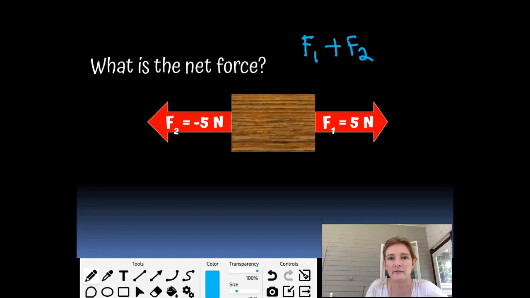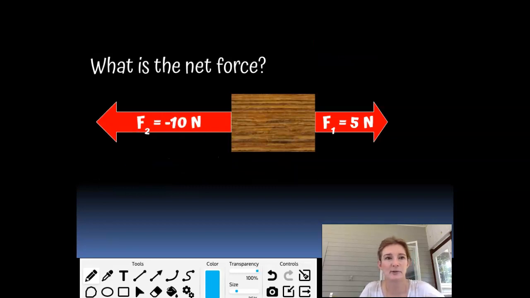So F1 is 5 newtons, so I'm going to write 5 newtons plus F2 is also 5 newtons, but it's negative because it's in the opposite direction. So I need to write that as a negative 5 newtons. So our net force is positive 5 plus negative 5, which is 0 newtons.